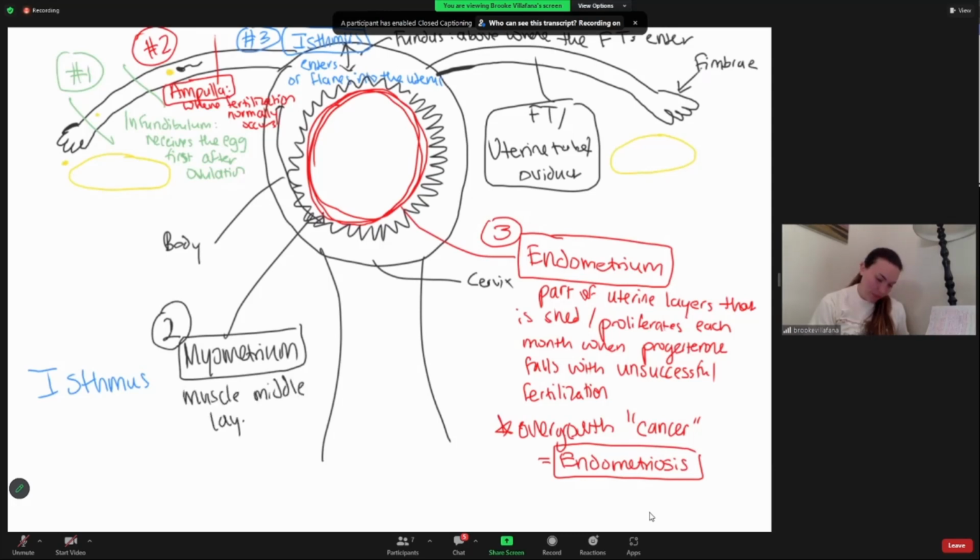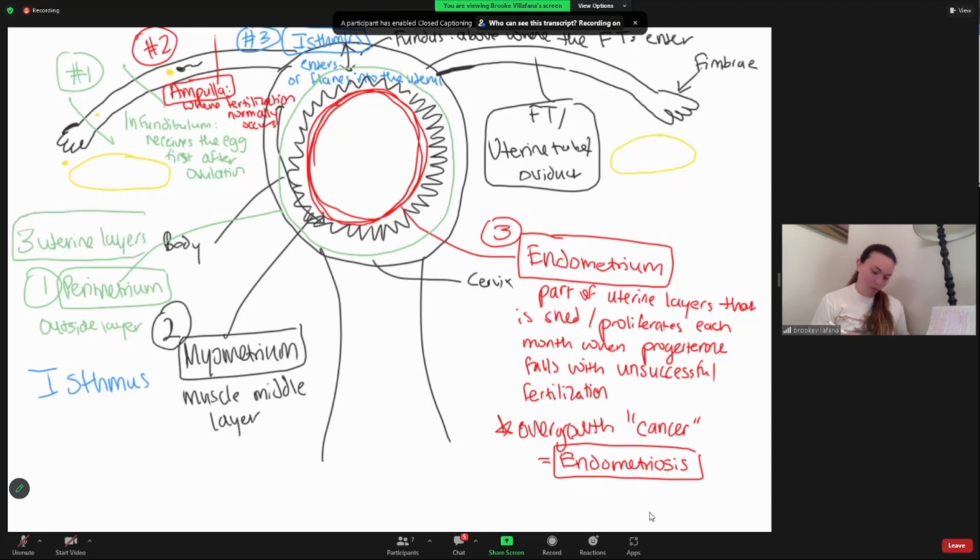So these are the 3 layers of the uterus. And then the last one, I'm going to try to not mess up my drawing too much here. Perimetrium. Perimetrium is going to be your outside layer. So these would be your 3 uterine layers. 1, 2, and 3.